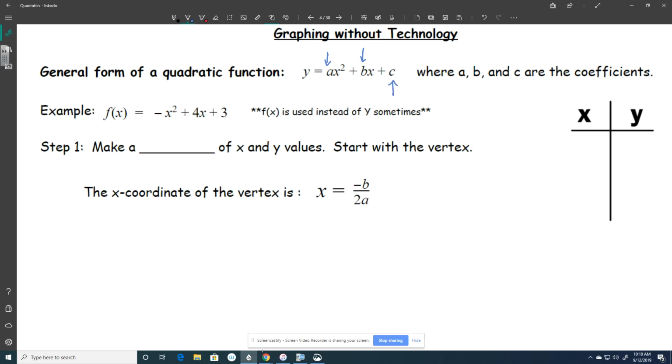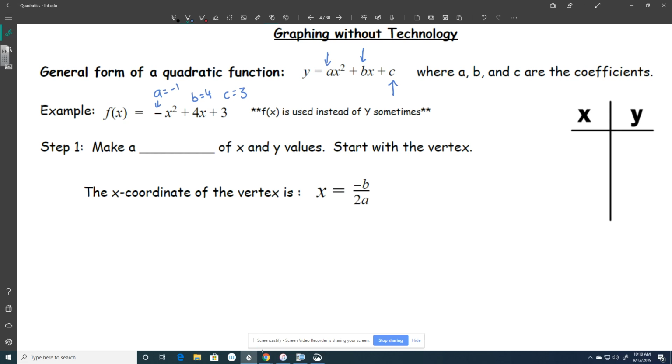And then c would be the number all by itself, the constant. So in our example, f of x equals -x squared plus 4x plus 3. My a is right there, -1. My b is right here, it's 4. And c is that constant right there, 3.